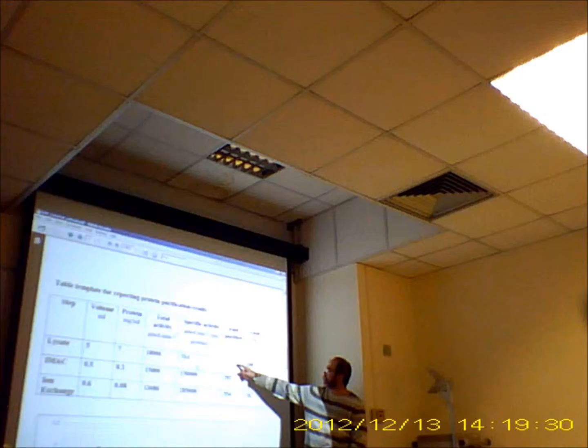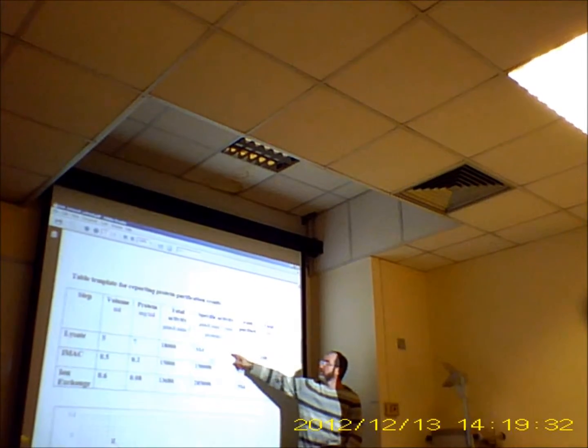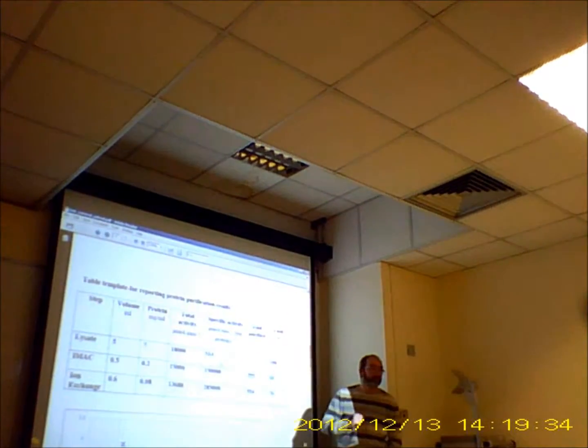So once you calculate the specific activity in this column, it will be very easy to calculate the purification and the fold of purification. Obviously, the fold of purification is 1 for the lysate. There is no purification.